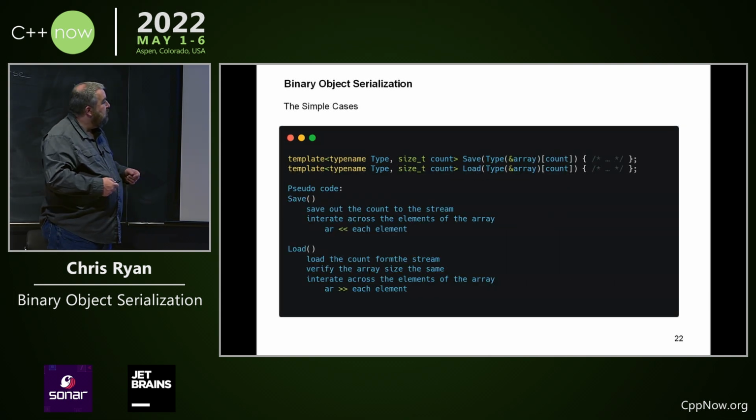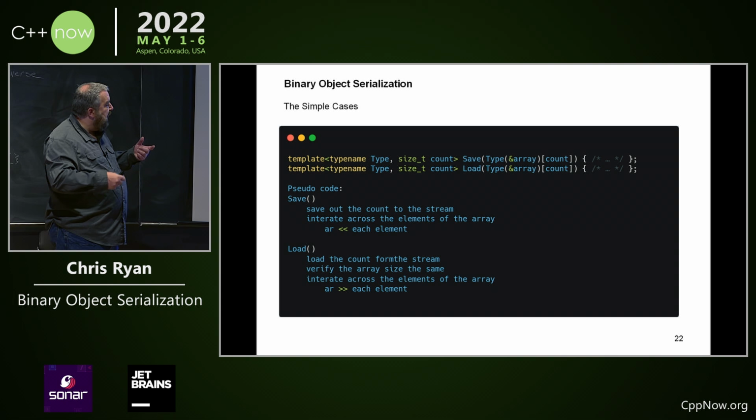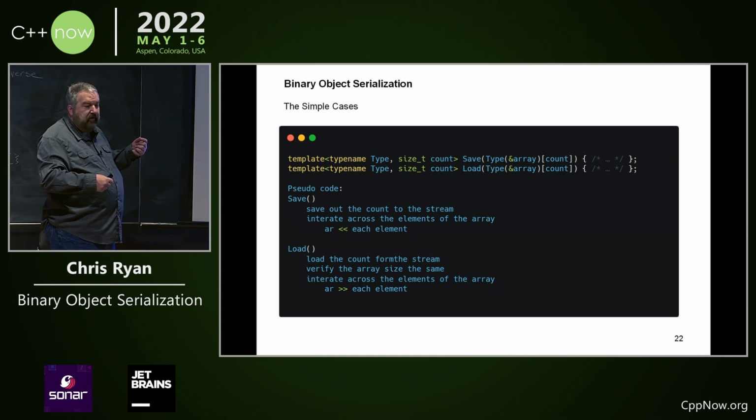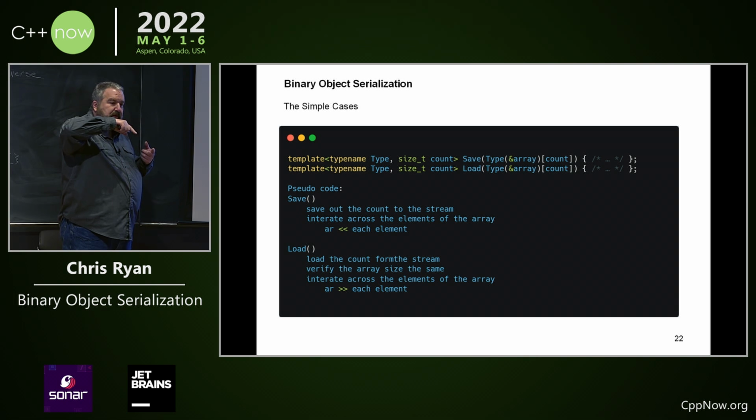And this is the crude generic specialization of how I handle arrays. Basically, I just save out the count, and I iterate through each item in the array and send it to the archive. Depending on what type that is, it goes re-entrant back into the streaming operator. It figures out: is it an integral type?